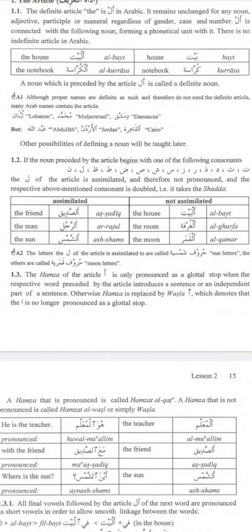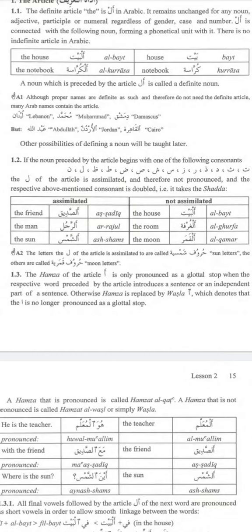But in Arabic, even though he's not writing it, it's called huruf ash-shamsiyya, letters that follow the ash-shams pronunciation. Then the non-assimilated are called huruf al-qamariyya, letters that follow the qamar way of pronunciation. You have al-bayt, al-ghurfa, al-qamar, and the rest.